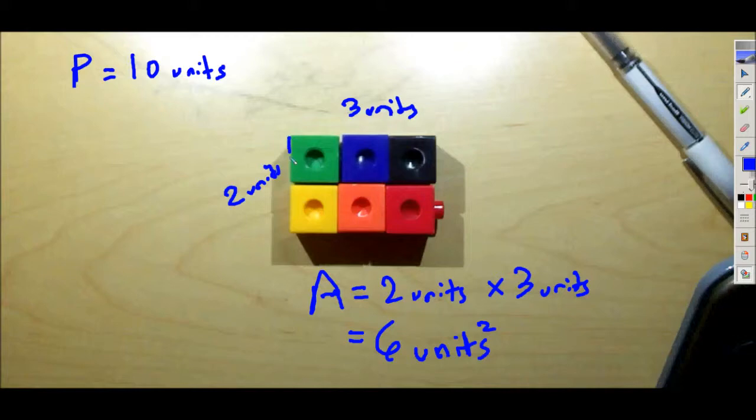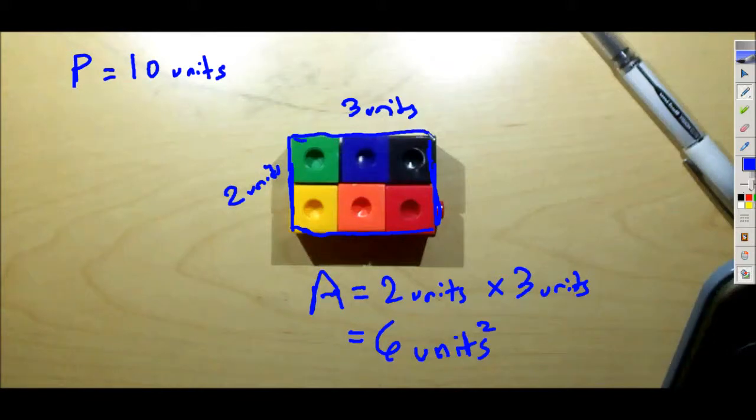And the reason we call it squared, or one way you can think about it, is the fact that when we're finding the area, it's just like when we were learning multiplication with arrays. If you multiply the number on one side by the number on the other side, you find the total number of squares in the middle. So we can cut this up into squares.